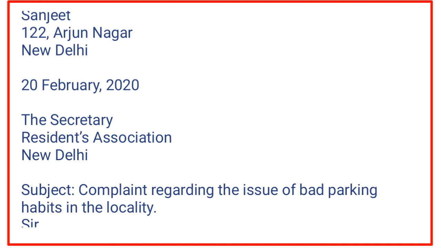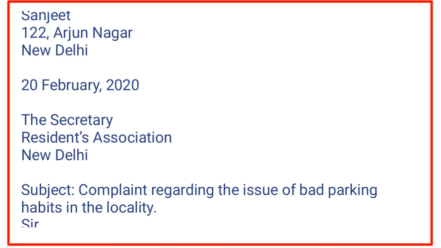So this is how you should write the date. Then receiver's address. Before writing receiver's address, we left one line, and after that we wrote the secretary. As per the given address, he is a Residents Association president, so secretary of Residents Association, then the place New Delhi. So this is how we should write the address.